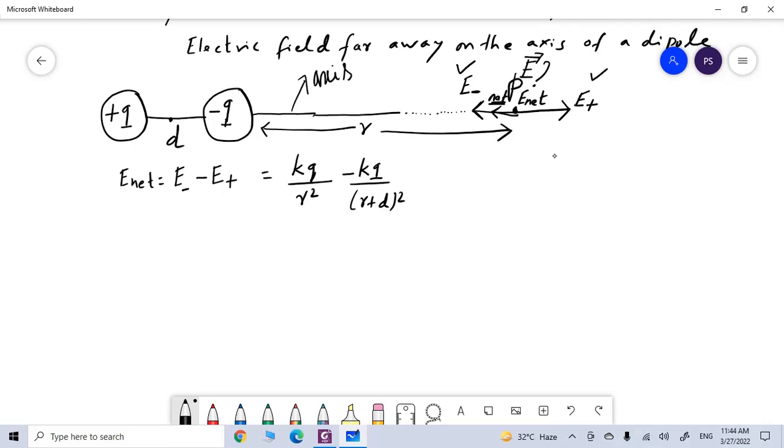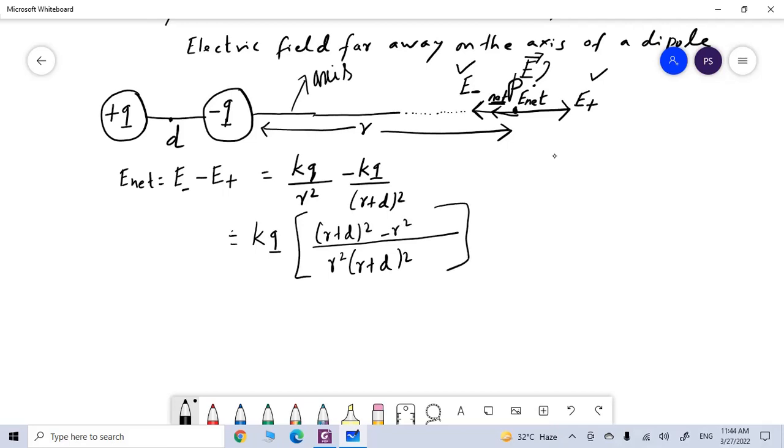So let's calculate this. This is not very difficult. You just take kq as the common factor, and you can take this as the common denominator, r square, r plus d the whole square. Now here we will be getting r plus d the whole square minus r square.